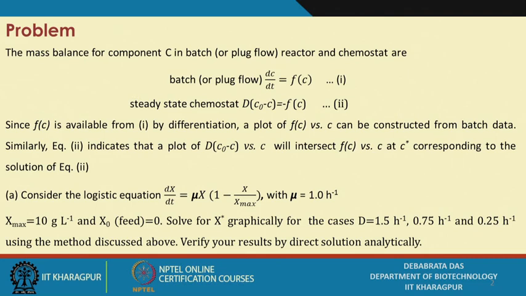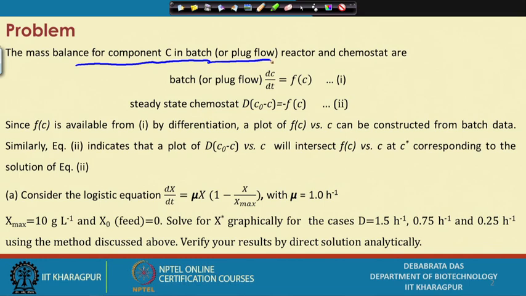The problem says that the mass balance for component C in batch or plug flow reactor and chemostat is as follows. For the batch and plug flow reactor, dC by dt equals Fc, which is a function of C. In case of steady state chemostat, D into C0 minus C equals minus Fc.